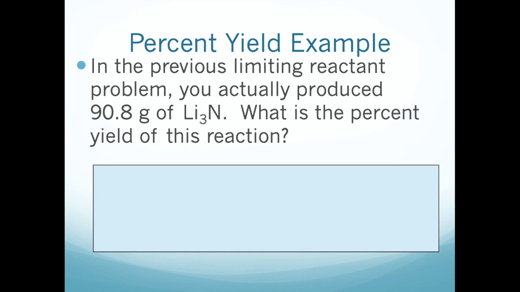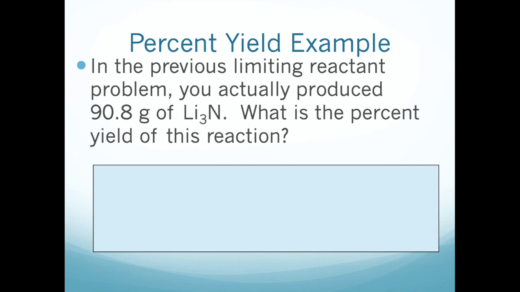So, remember how we had 93.7 grams of lithium nitride in that previous problem? Well, again, that's a theoretical yield, right? We should get 93.7 grams of lithium nitride if our 56 grams of lithium reacts. Now, let's say someone does this reaction, but they only get 90.8 grams of lithium nitride from their reaction with 56 grams of lithium.